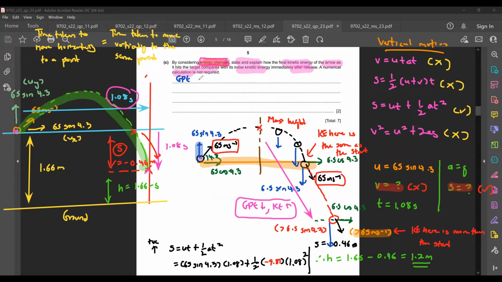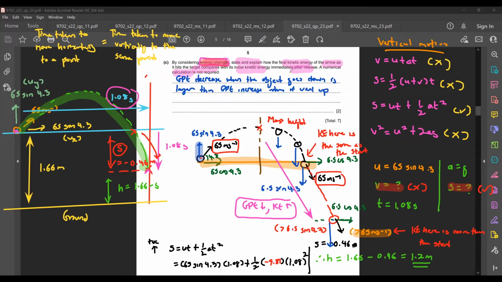GPE decrease going down is larger than the GPE increase when it went up.